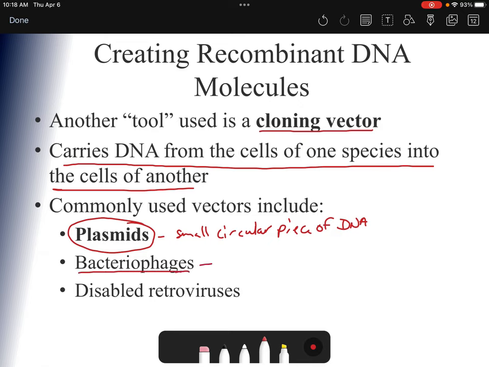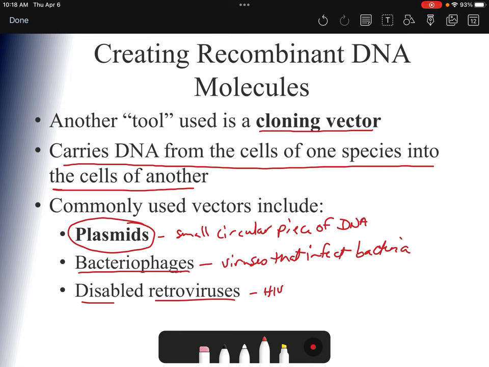Bacteriophages, these are viruses that infect bacteria. And then disabled retroviruses. HIV is a retrovirus, okay?